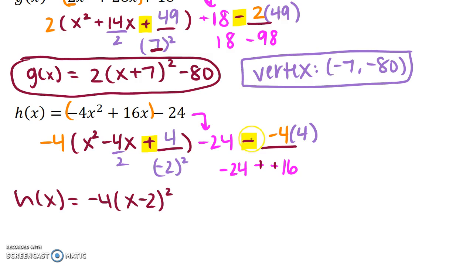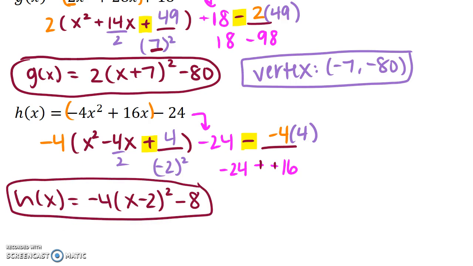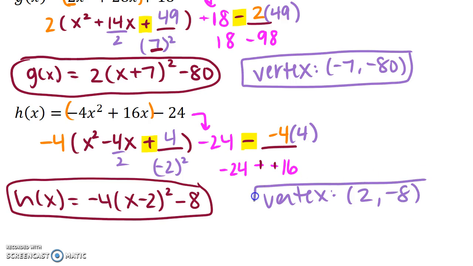You add here, you subtract here. So when you combine those, you will get negative 8. So that is it in vertex form. And the vertex for this one is opposite, so 2, same on the outside, negative 8.